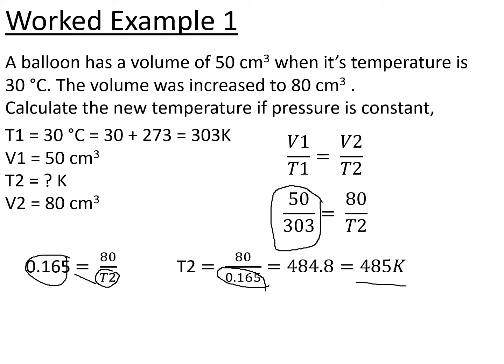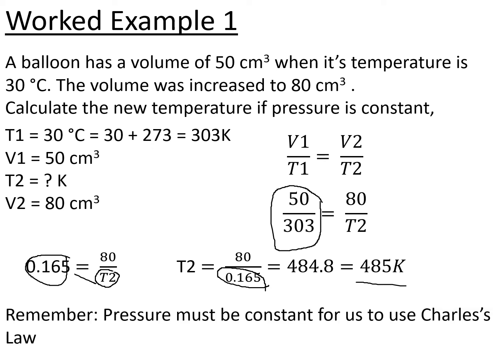So if you're not sure, just save that into the memory of your calculator and then use that rather than writing it out and rounding the number. So you shouldn't really round the number there. I think I just took the first 3 numbers of the answer there to show you what it was, but I would just save it on your calculator and use the memory function. And remember, we can only use Charles's law when the pressure is constant.